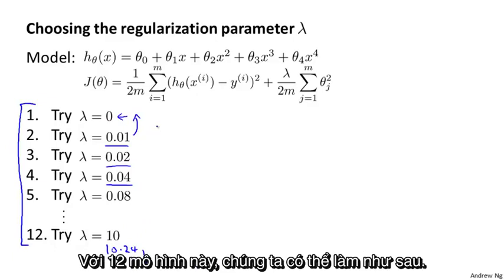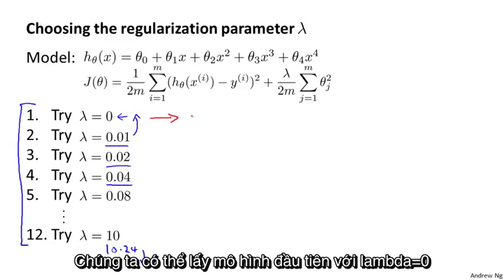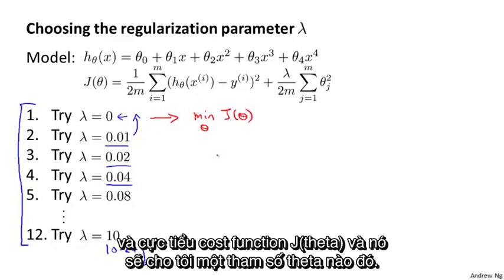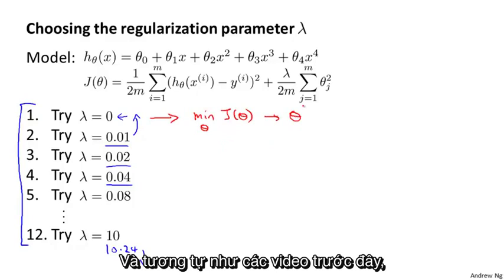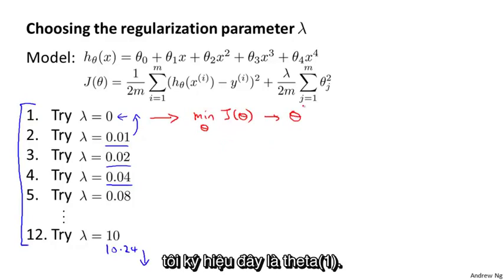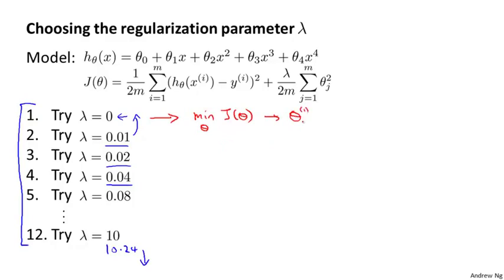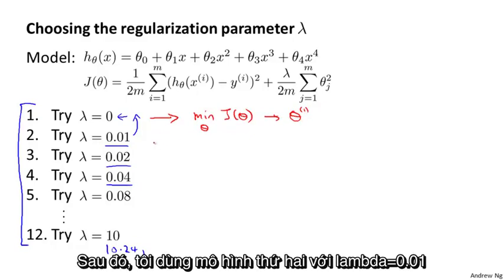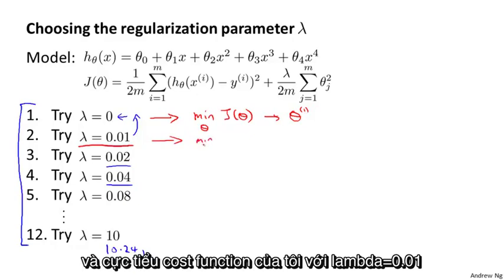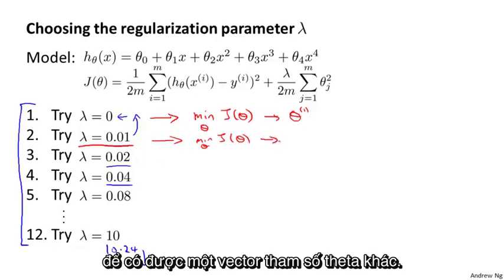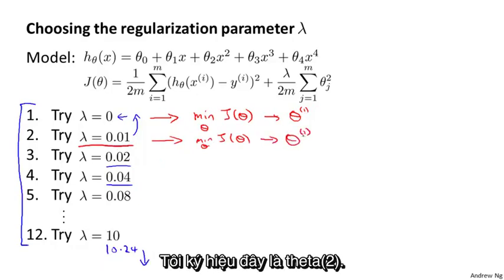Given each of these 12 models, what we can do is then the following. We can take this first model with lambda equals 0 and minimize my cost function J of theta, and this will give me some parameter vector theta. And similar to the earlier video, let me just denote this as theta superscript 1. And then I can take my second model with lambda set to 0.01 and minimize my cost function, now using lambda equals 0.01 of course, to get some different parameter vector theta, and let me denote that theta 2.